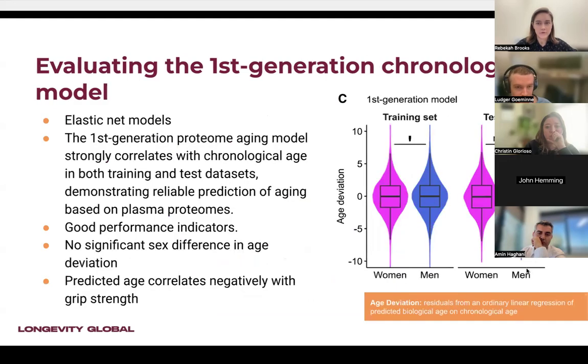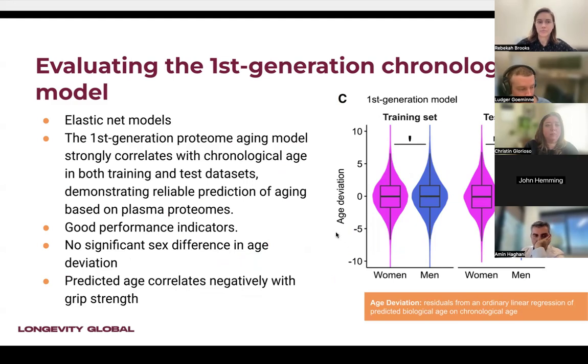From this first model, they got good performance indicators. There were no sex differences in the age deviation, and the predicted age correlates negatively with grip strength, which is a well-known thing.